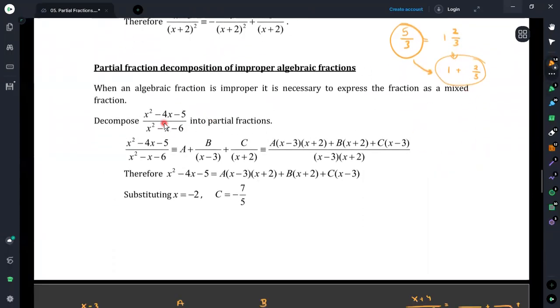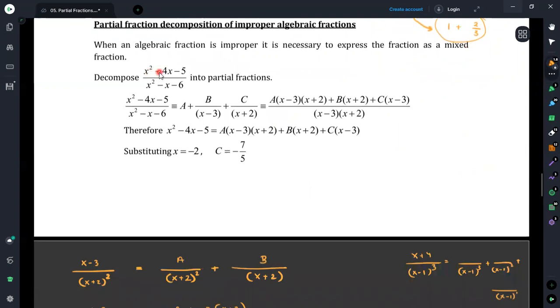Here it is asked to decompose x squared minus 4x minus 5 over x squared minus x minus 6. When I'm going to decompose this into partial fractions, first I need to check whether this is a proper algebraic fraction or an improper algebraic fraction. To find out whether it is proper or improper, we can use the degree of the numerator and the degree of the denominator.